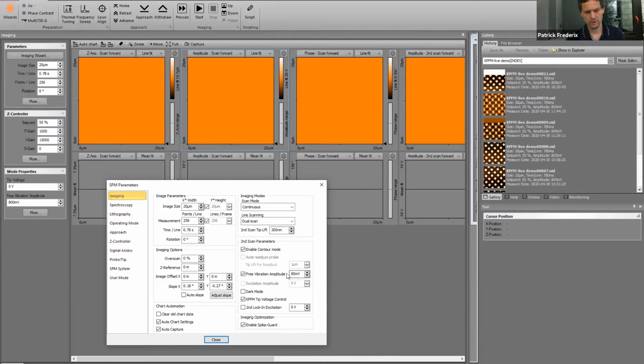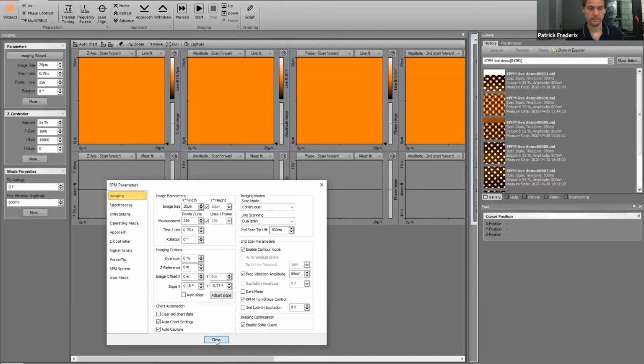In the second run, I will make it smaller. I don't want to make it totally zero, because if I have some amplitude left, I can immediately see whether my tip is nicely away from the surface or not. I can switch off the laser in the second scan if I like. And I want to have the tip voltage control in the second scan.